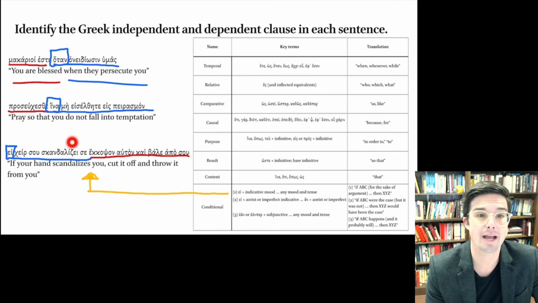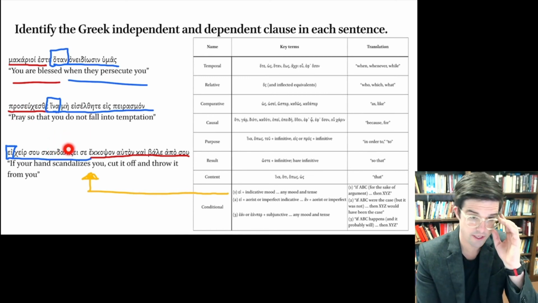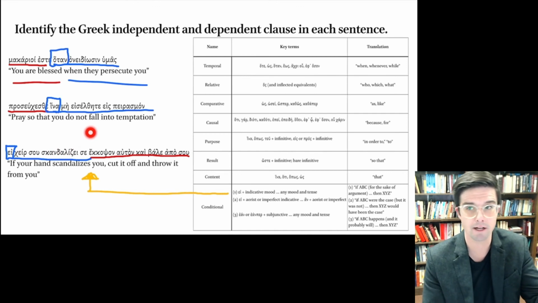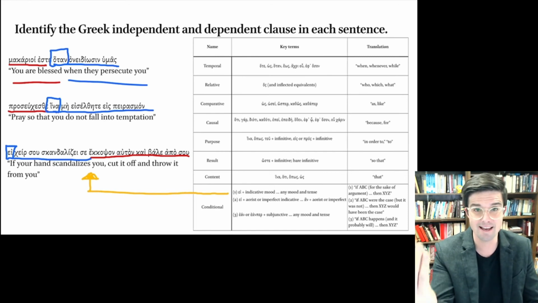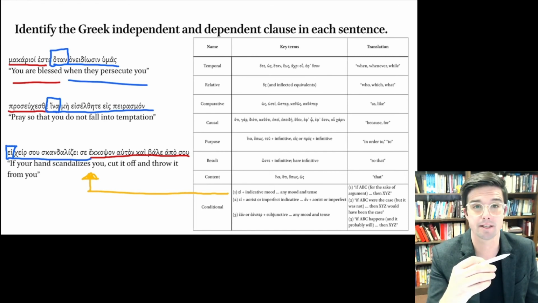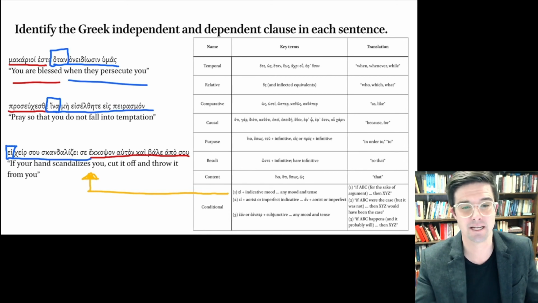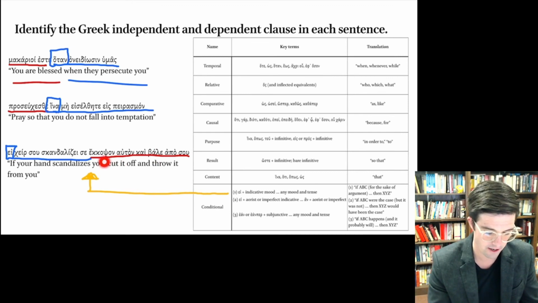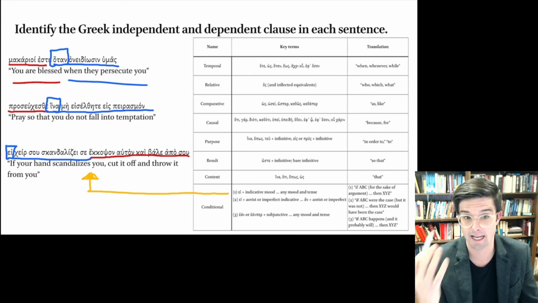And then lastly, we have the order flipped here. We didn't talk about this when we talked about conditionals, but conditionals technically have part a dependent clause and part an independent clause. The protasis, the if, is the dependent clause, and the apodosis, the then, is the independent clause. That part can stand on its own. So this part right here, cut it off and throw it from you, those commands can stand on their own.